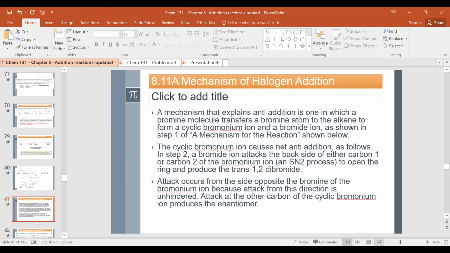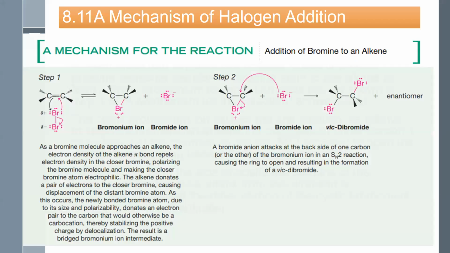So let's go directly to the mechanism of the reaction. The first step here, I think I have already discussed this one. What you form first is a bromonium ion.